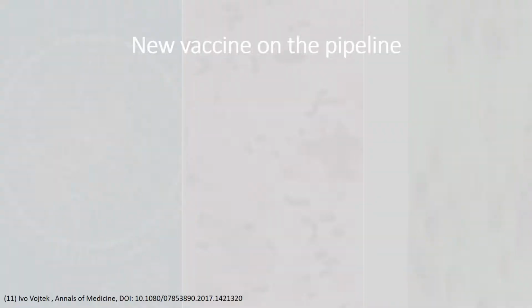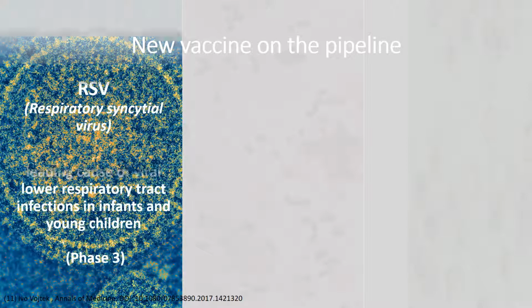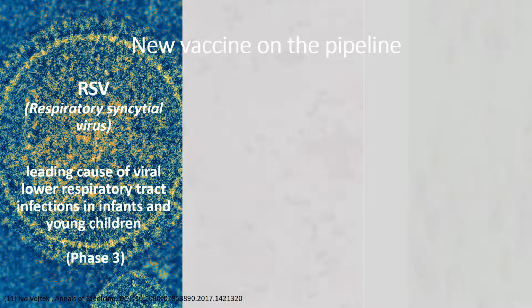What could be the future maternal vaccines to develop? It is globally accepted that the main priority should be RSV, the respiratory syncytial virus that causes viral lower respiratory tract infection. Although it is in general well treated, many deaths still occur. Researchers have been struggling with it for a long time now, but some promising vaccines are currently in phase 3.